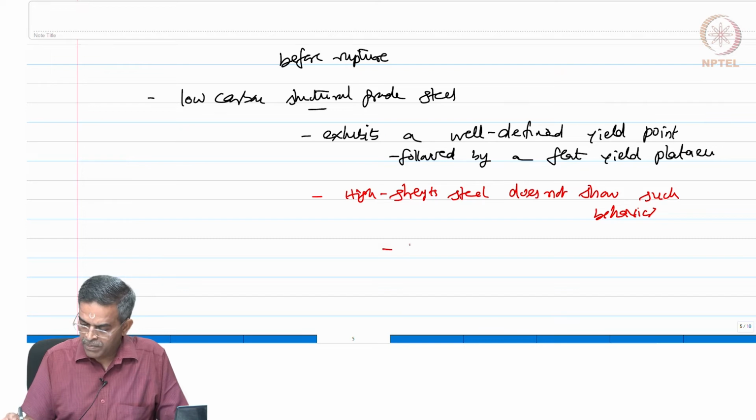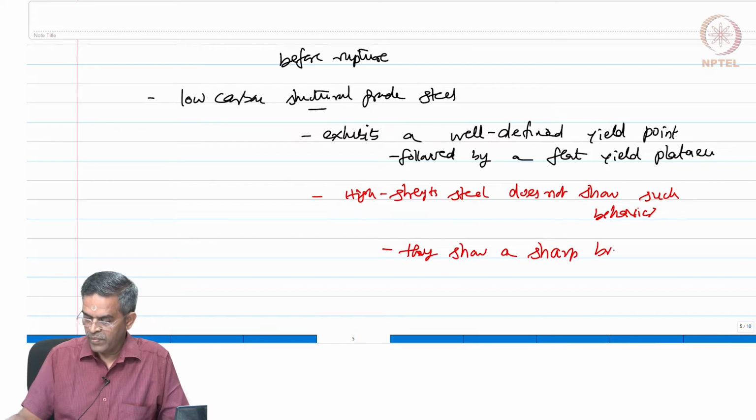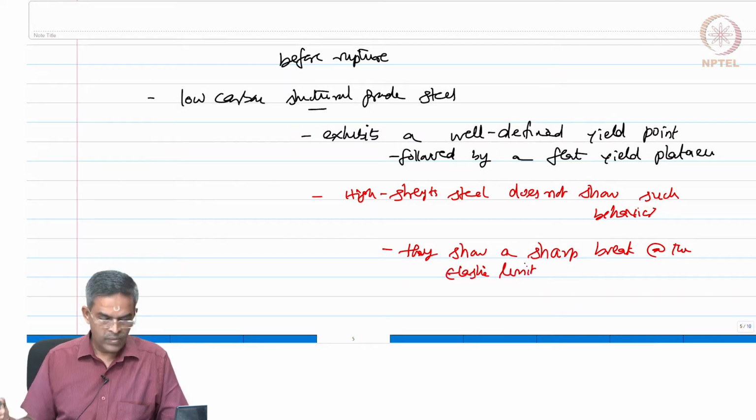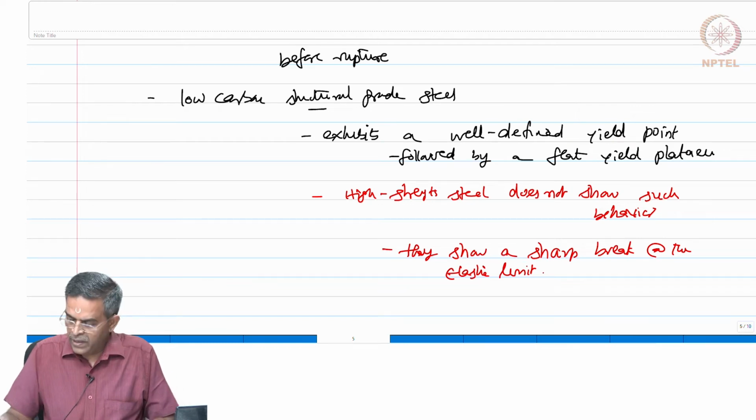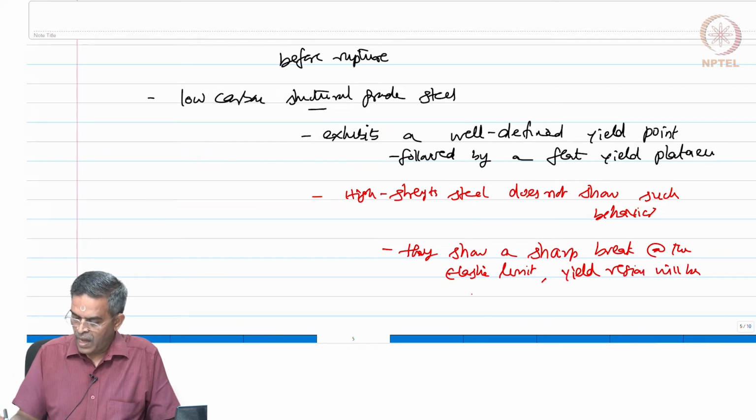They show a sharp break at the elastic limit. And the yield region will be highly nonlinear.